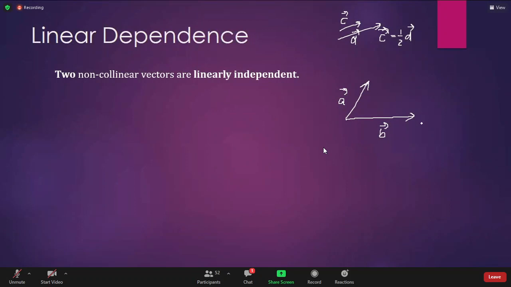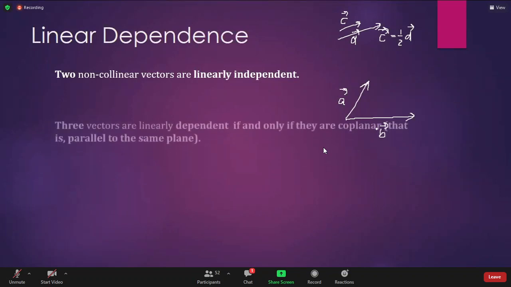I cannot find any number to multiply by A so that I get B, because they are not collinear. Remember, we had this property, this condition of collinearity, which stated that if two vectors are collinear, then one can be expressed as a number times the other. So, of course, collinear vectors are dependent. Non-collinear vectors, two of them, are independent.